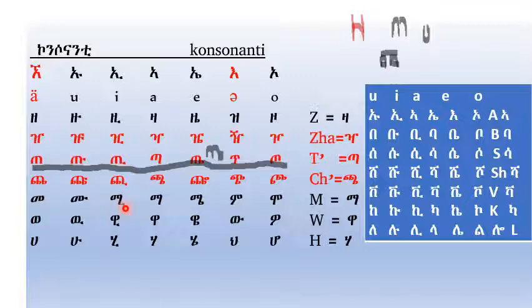Ma, but the whole spectrum of m, this is what we have. Mu, mi, ma, me, m, mo. Only for the Swahili group. The logic is the same. You put this u. You put this thing, but it has no leg, so give it a leg.